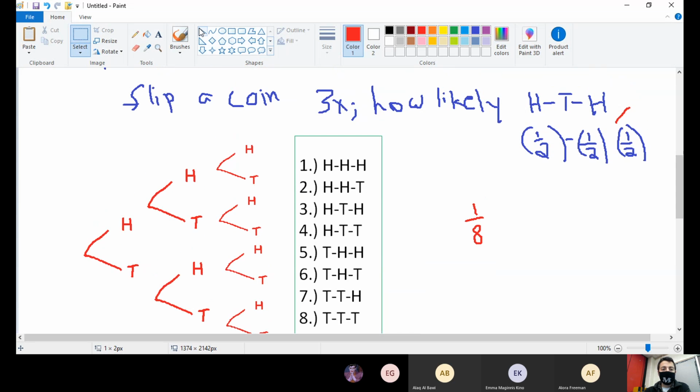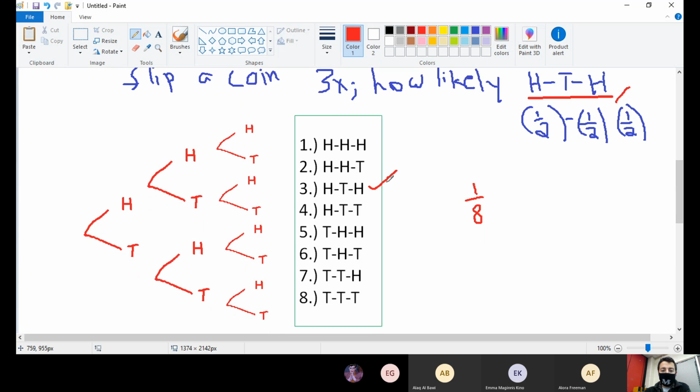So the question was, how likely is it that if I flip a coin 3 times it comes up heads, tails, heads? Well, there's one way in which it does that. This one right here, right? There's that heads, tails, heads. But that's one way out of 8 possible outcomes. So a 1 out of 8 chance.